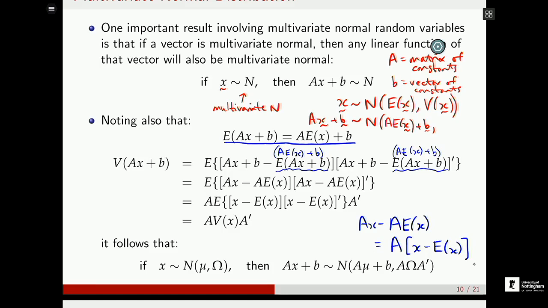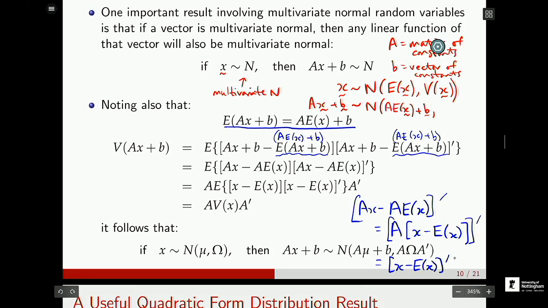Now for the second part, we've got Ax minus A times the mean, which we can factor into A into x minus its mean. Now this time it's all transposed, so if you imagine the transpose of this now, it's going to be the transpose of that. And as we take the transpose through, we have to reverse the order, so this will be x minus its mean transposed, A transpose.